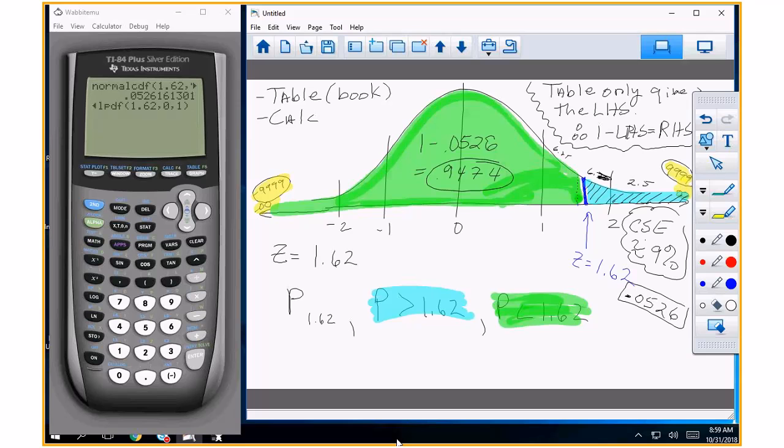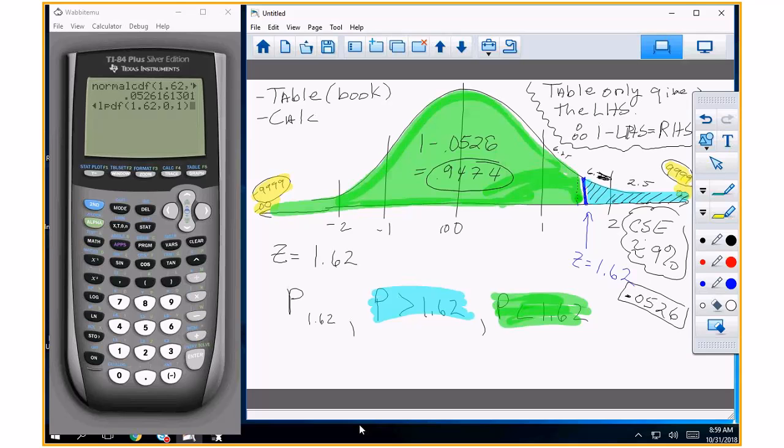Now, is anybody ever going to walk up to you and ask you this? No. But the second type of question we're going to ask is going to be talking about grades in class. It's going to be talking about SAT scores or ACT scores or IQ scores, and that's where it comes into play, because this base here is not going to be 0, it's going to be 100, like an IQ score, and then this will be 130, and this will be 160.